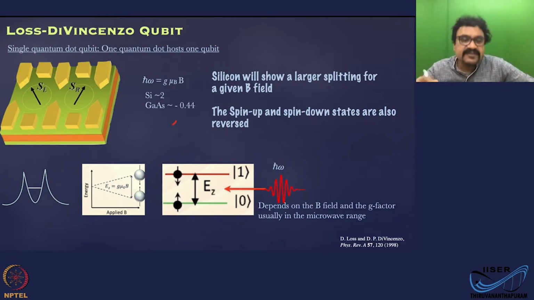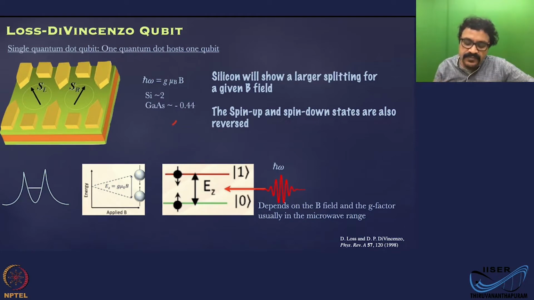Now, that is the idea. You have two states, up and down, and they are well defined states, and you can turn on the interaction by applying electromagnetic radiation of appropriate frequency, h bar omega.